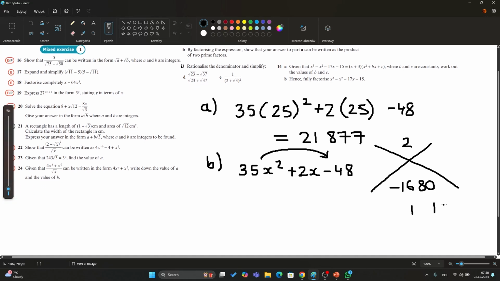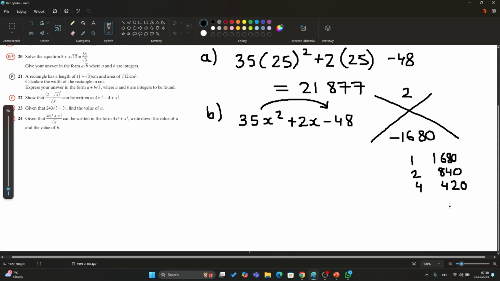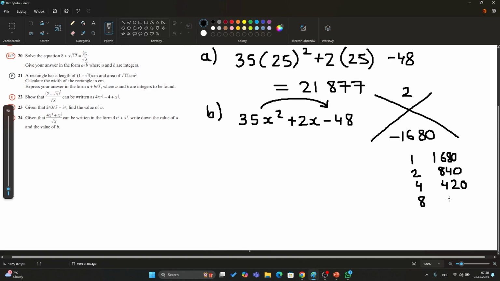So 1680, 2, 8, 40, 4, 420 or 10, not 20, 8, 110, and we can do 10, 168.